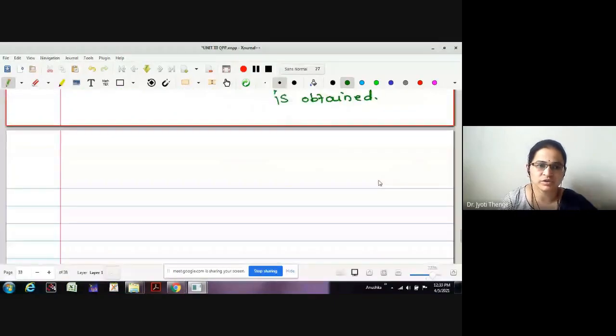Now in case 2, we consider if at least one of the partial derivatives is positive.